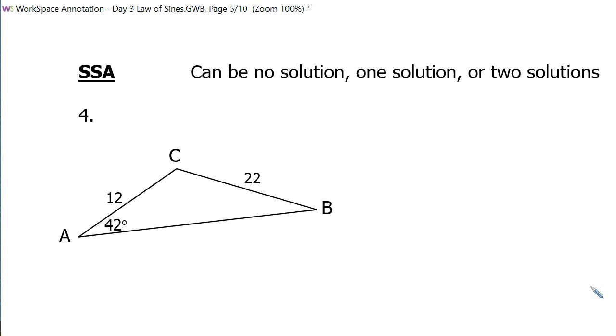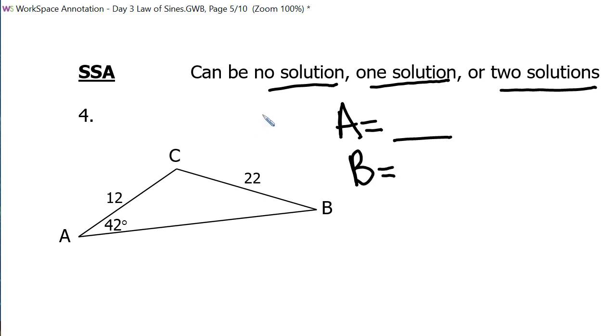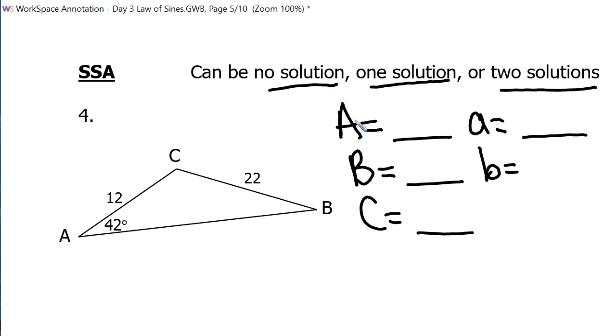Now, this is side, side, angle. So notice we are given a side, side, and an angle. So if you're given this, you could have no solution, you could have one solution, or you could have two solutions. So what would two solutions look like? Let me show you. So we'll have angle A, angle B, angle C. We'll have side A, side B, side C. That makes us one solution.